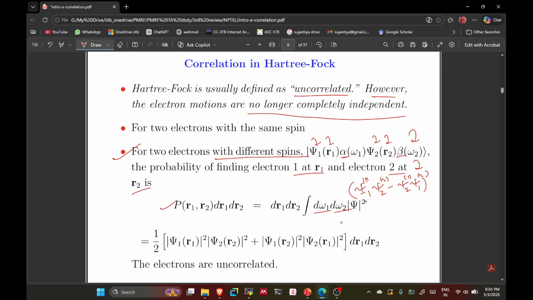Now if you take the product, psi mod square, here are two terms, so now you will have more terms also, right? Or let me write it explicitly.